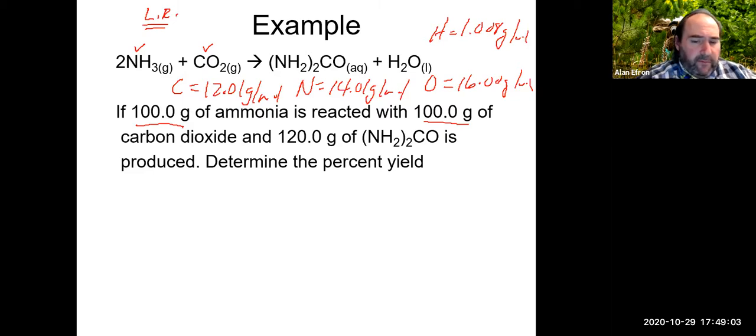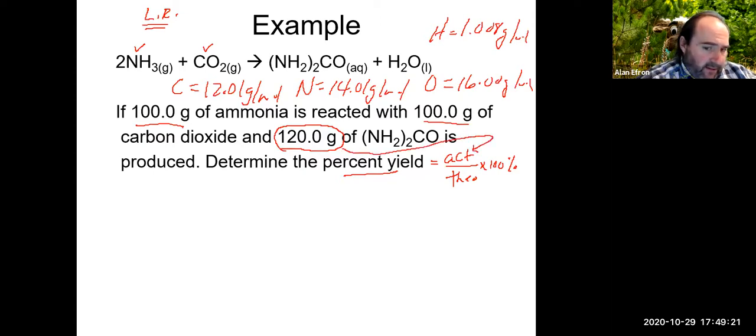We're looking for the percent yield, which is the actual divided by the theoretical times 100%. And that is what this number is right here. This 120 grams is the actual. So we do need to find the theoretical here, so we need to do a limiting reagent problem.